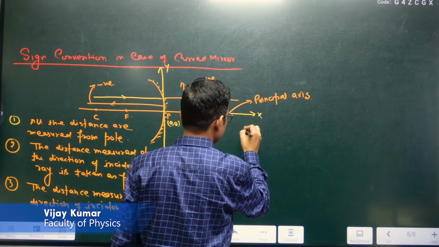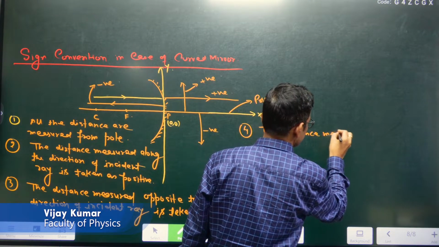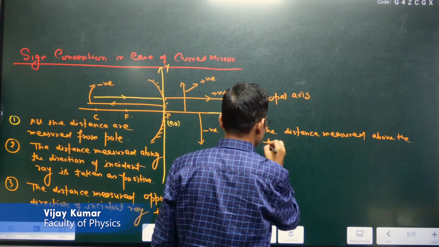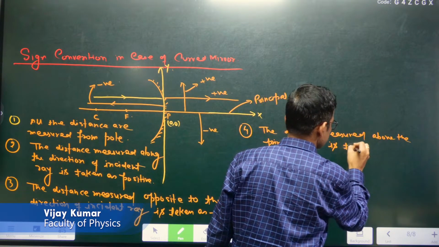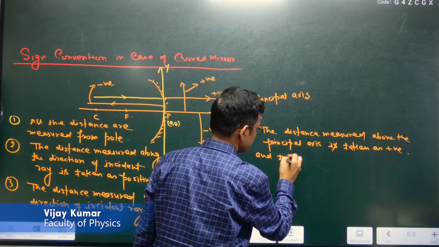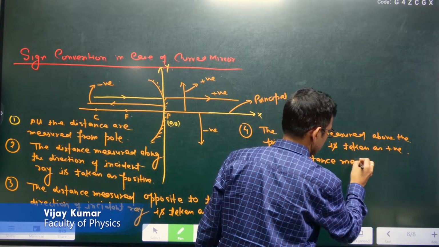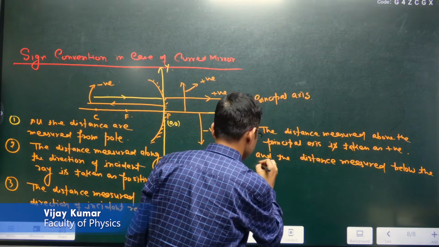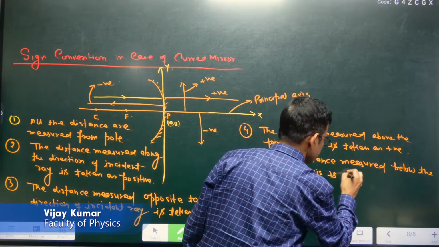So we can write rule number 4, that the distance measured above the principal axis is taken as positive, and the distance measured below the principal axis is taken as negative.